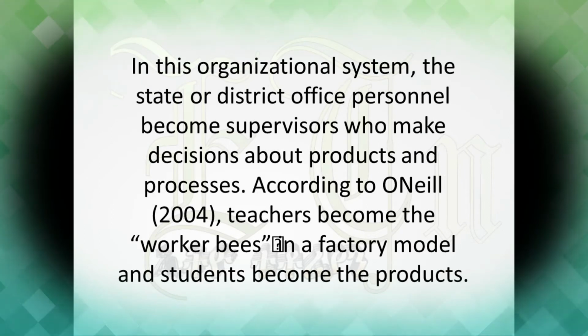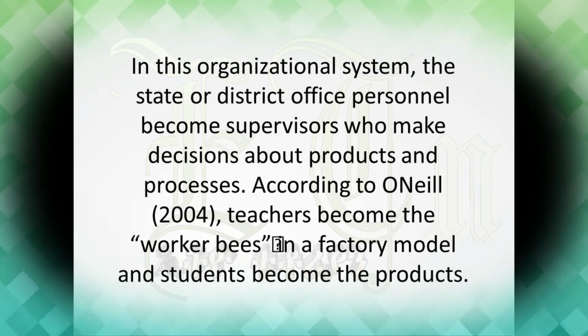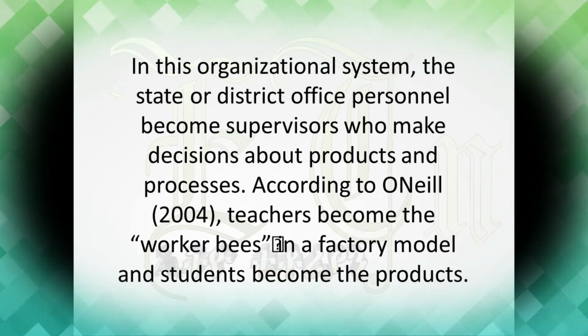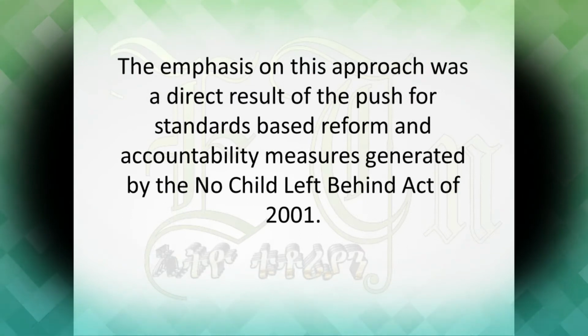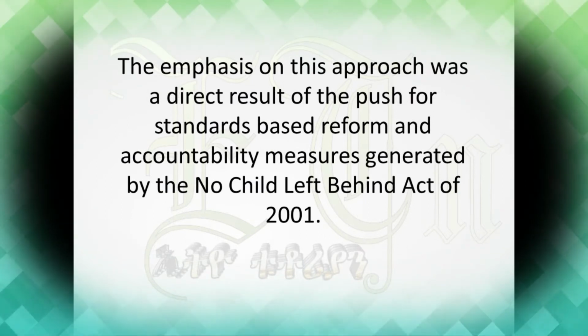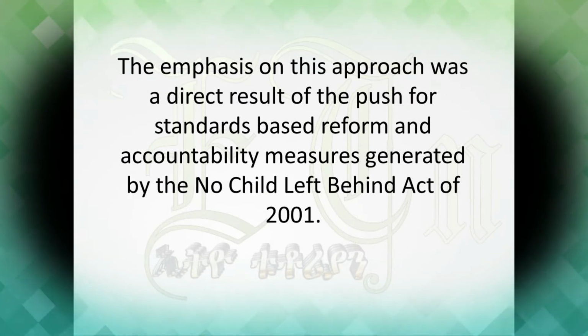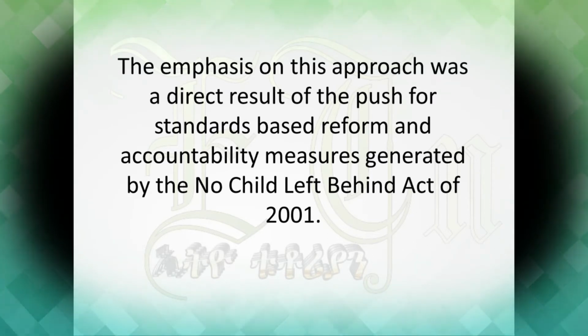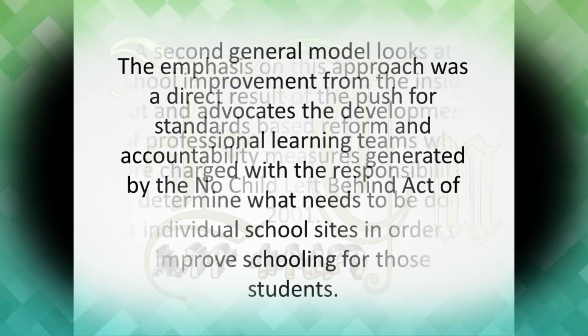In this organizational system, the state or district office personnel become supervisors who make decisions about products and processes. According to O'Neill, 2004, teachers become the worker bees in a factory model and students become the products. The emphasis on this approach was a direct result of the push for standards-based reform and accountability measures generated by the No Child Left Behind Act of 2001.